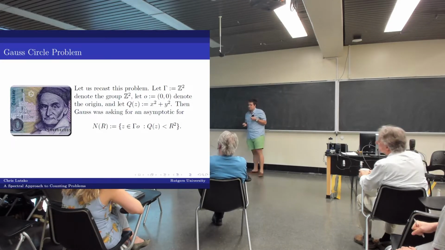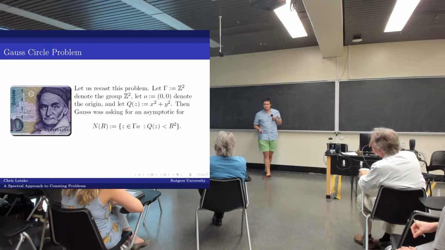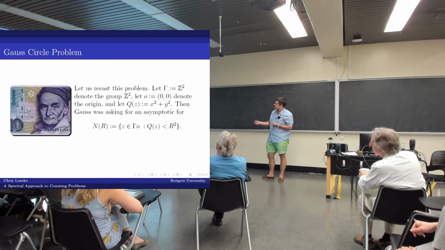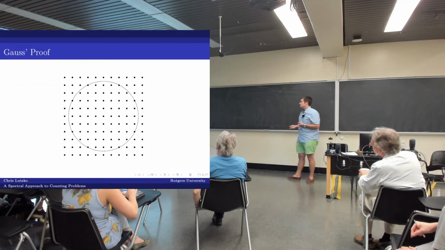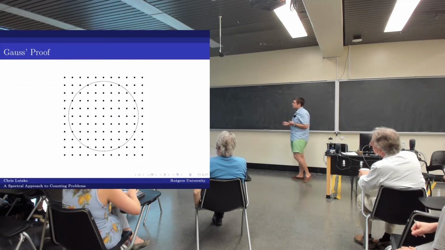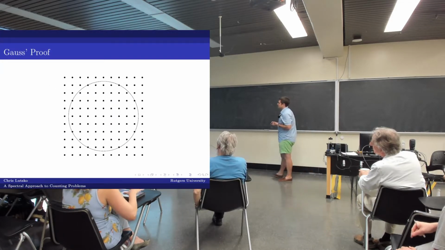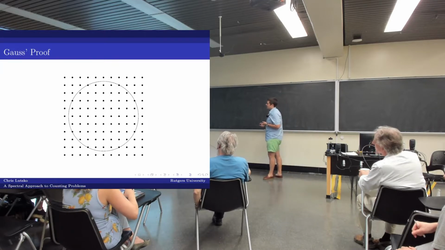So let's go over Gauss's proof because it's very nice. The question is: here is my circle of radius r, and here is my integer lattice. How many lattice points lie inside of the circle of radius r? What he's going to do is place each lattice point inside of a box.